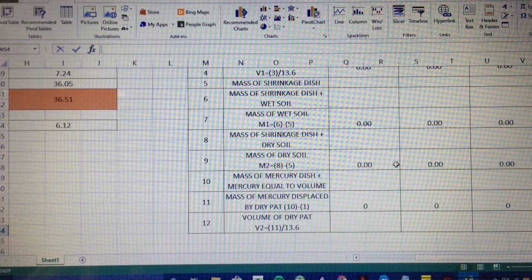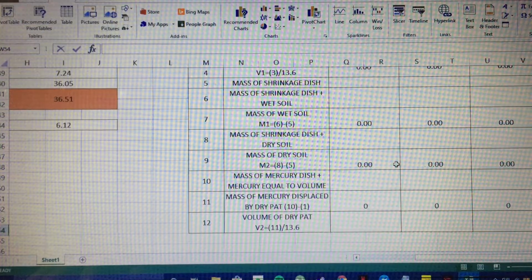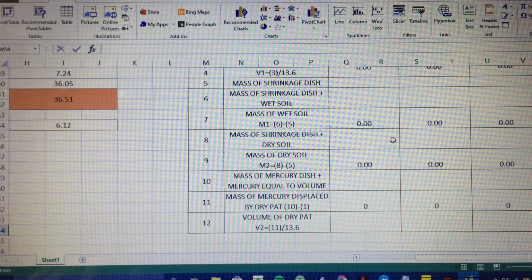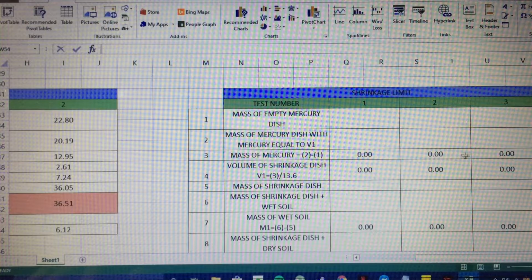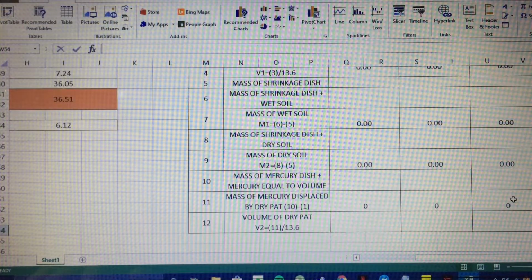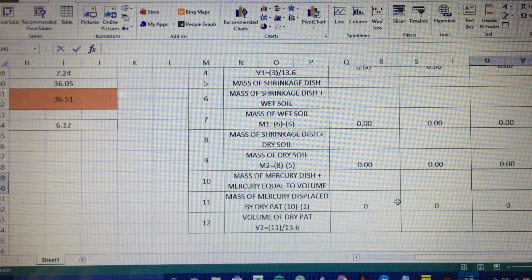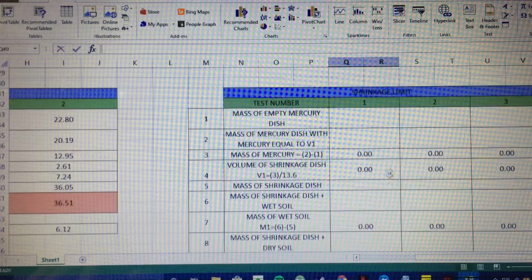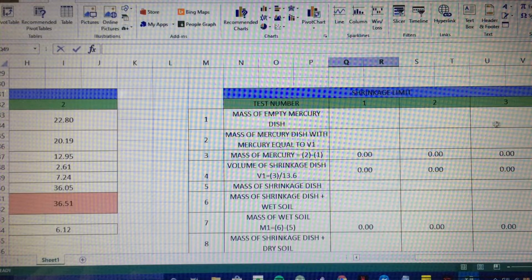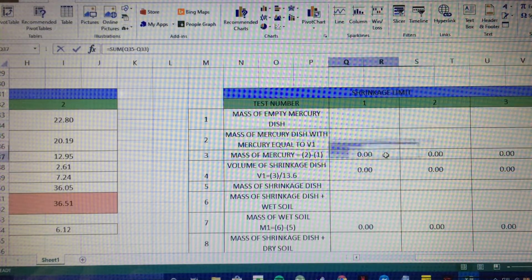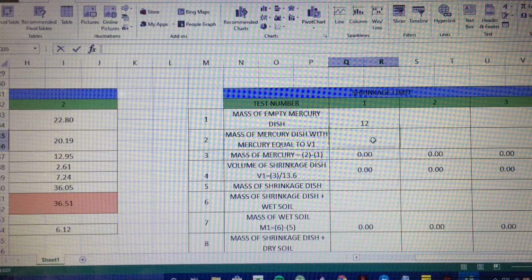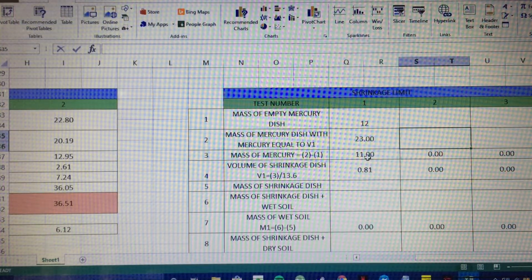So, since wala naman tayong kinonduct na experiment, diniretso ko na yung formulas dito sa may 0.00, meaning may formula na siya pero walang value, so 0 pa siya. But kung lagyan na ng values dito, automatic na lalabas yung answer dito. For example, here 12, ayun. So, lumabas agad yung answer niya dito.